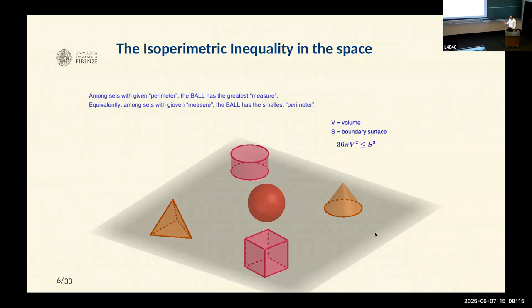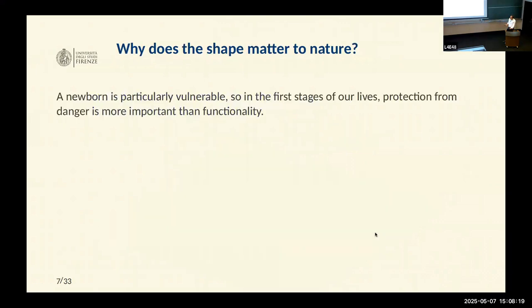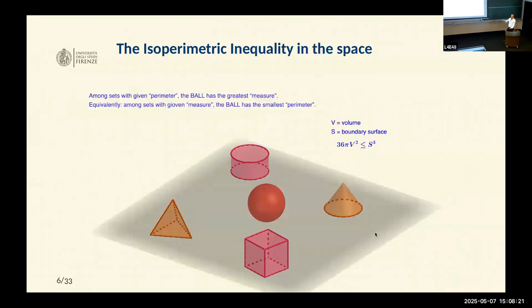You can also express this with this quantity. And this is true in Rn for every dimension, not just in the plane, not just in the space. Whatever dimension you choose, the ball is the best set if you fix the perimeter: it has maximal measure.